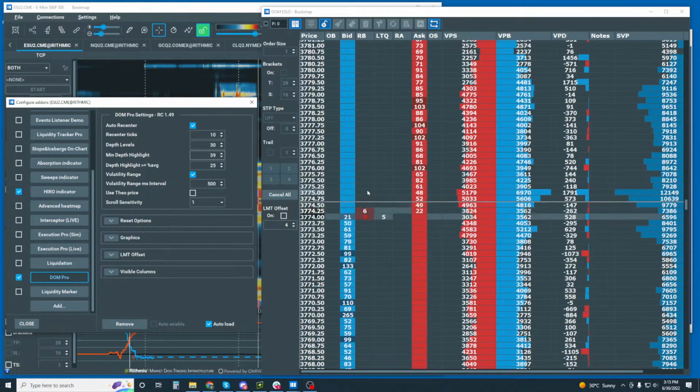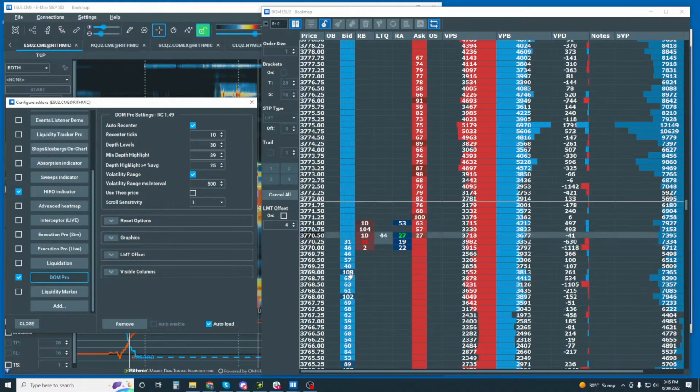Let's say you want to highlight when the depth is 25% or greater of the total, but with a minimum of 39 contracts. And the highlight is here, right? Correct. So we're looking at higher liquidity being highlighted.